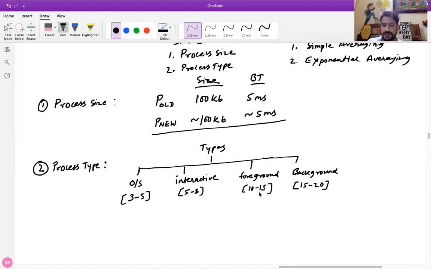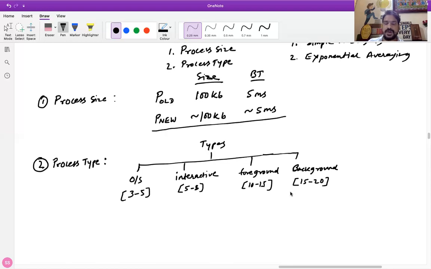For the foreground process, it goes from 10 to 15, and for a background process, it goes from 15 to 20. So it is not an exact burst time that is provided. If it does not provide the exact burst time, how can we use it for shortest job scheduling? That is very tedious and not an implementable model. Again, that is the conclusion.